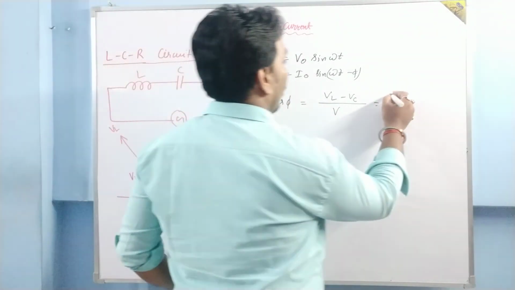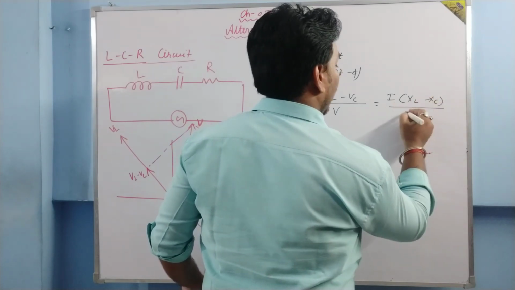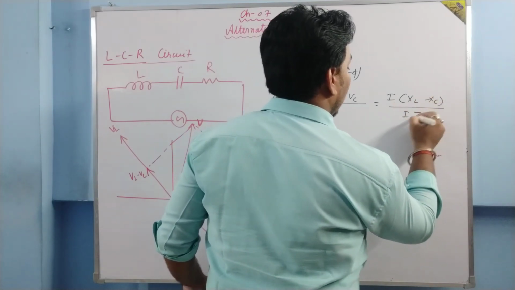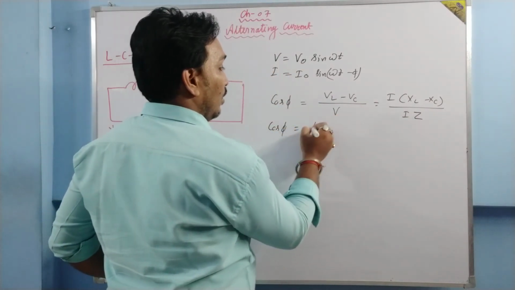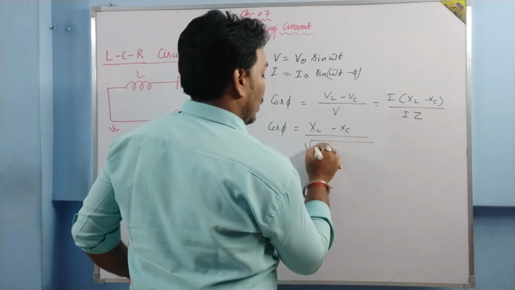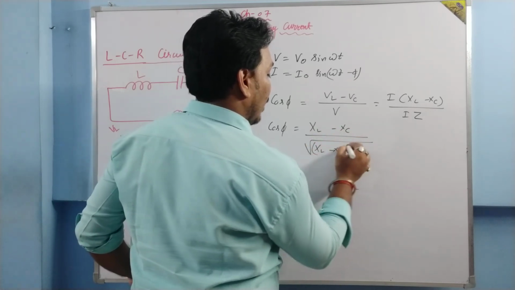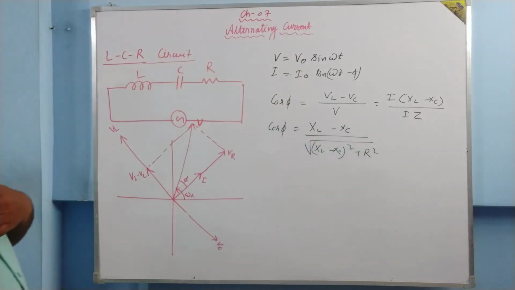I can take I common, so I am going to have XL minus XC upon V, which is I into Z. I and I will be cancelled out. So cos phi will be equal to XL minus XC upon under root XL minus XC whole square plus R square. Okay, so this is the value of cos phi.